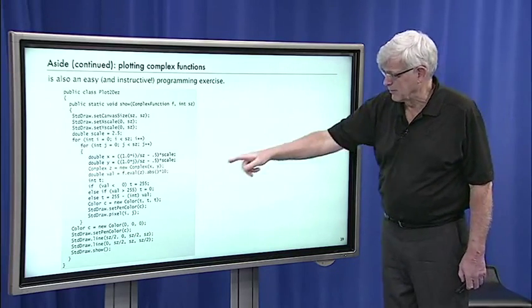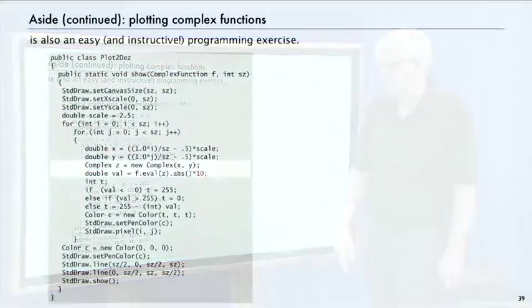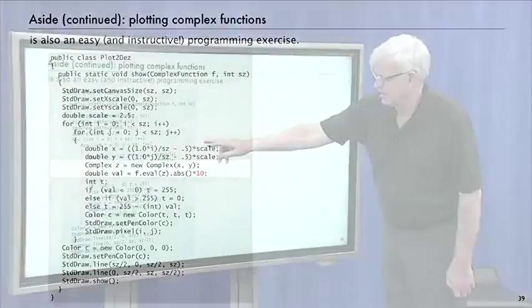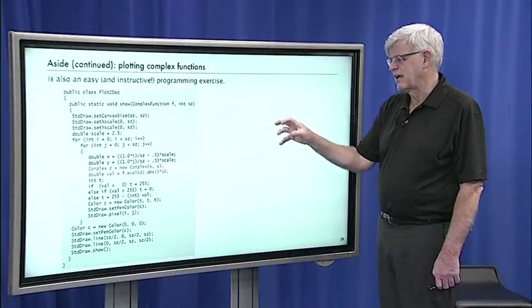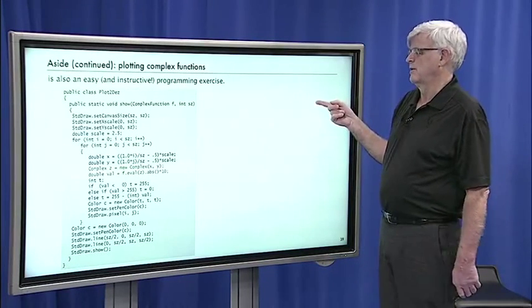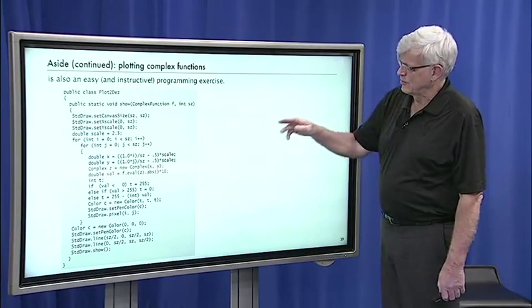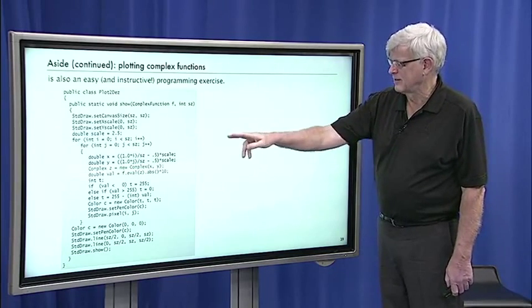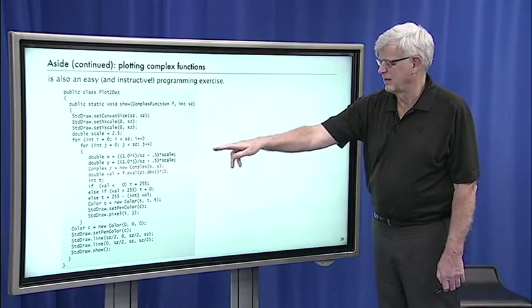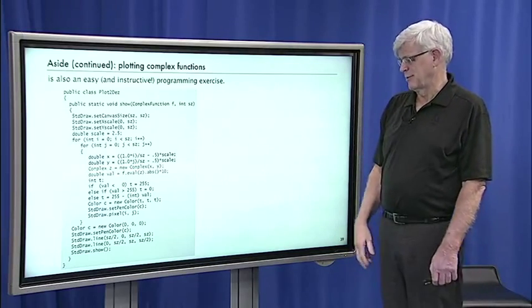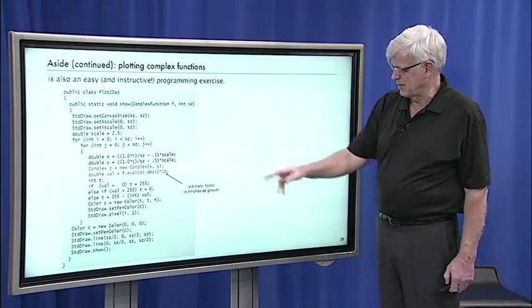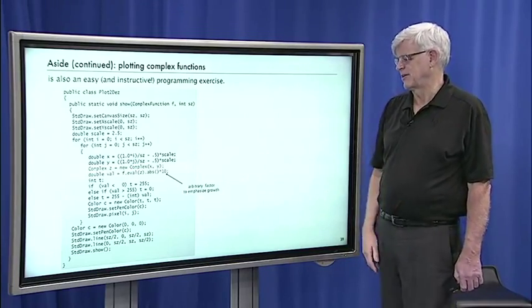So that's what this code in here is doing. It's going to give an x and y, which are scaled x, y coordinates in the image. It's going to create a new complex number, and then it's going to evaluate a given function at that complex number, compute the absolute value, and actually we multiply by 10 to really emphasize the growth.